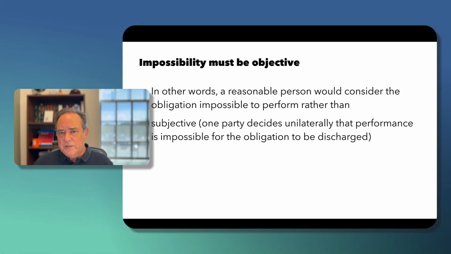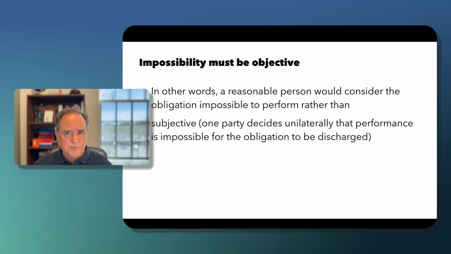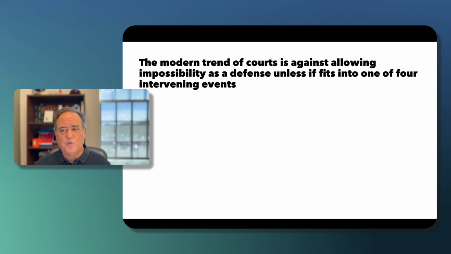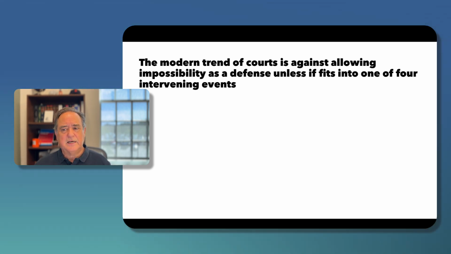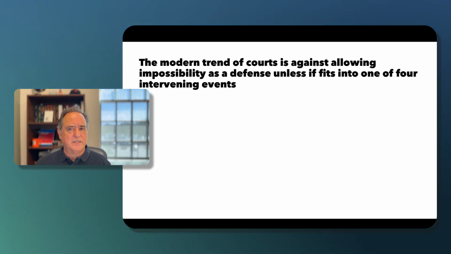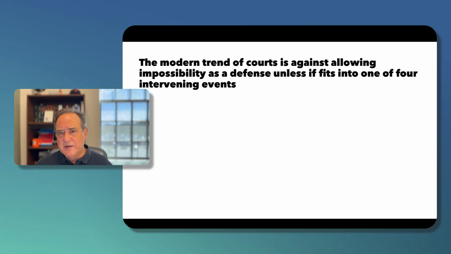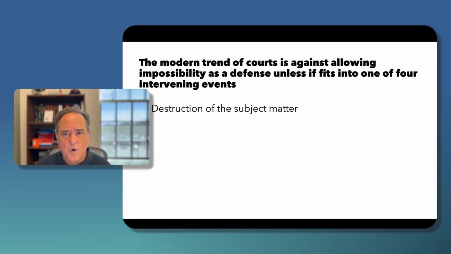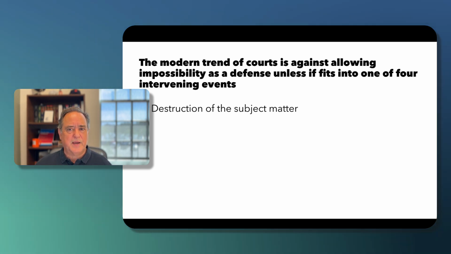Now, courts do not like to excuse parties from their performance, and so the modern trend of courts is against allowing impossibility as a defense unless it fits into one of four possible situations. The first is destruction of the subject matter.